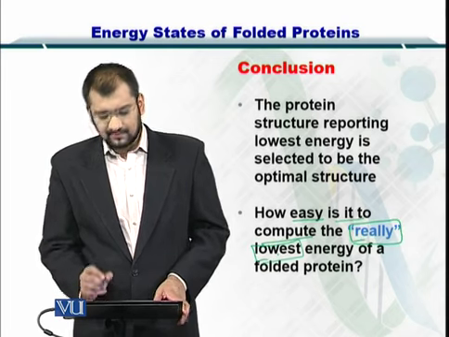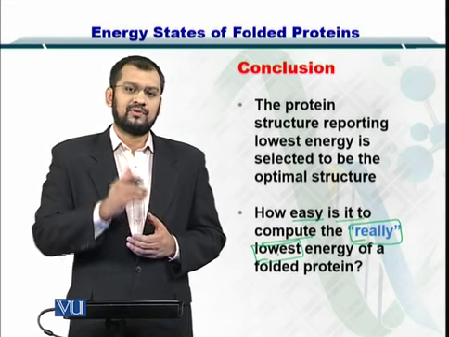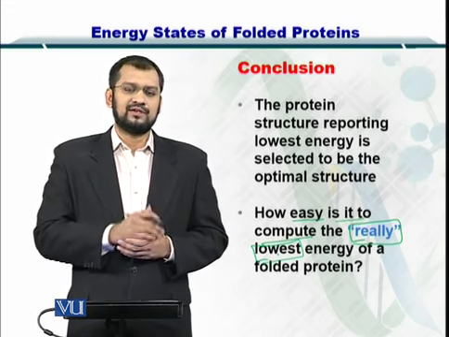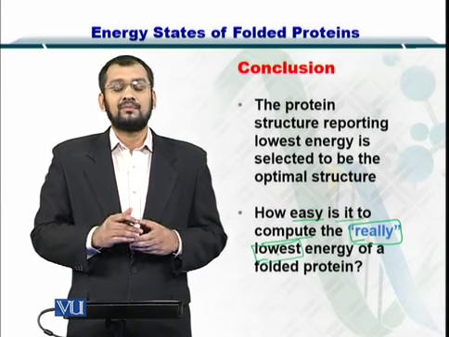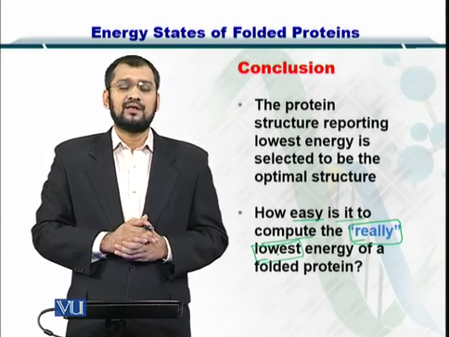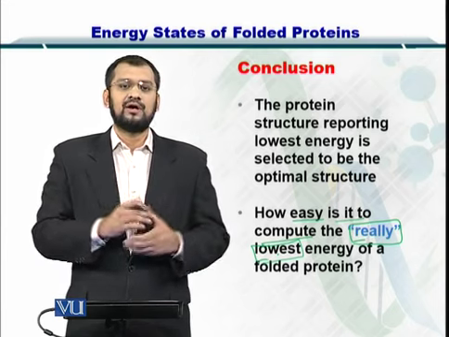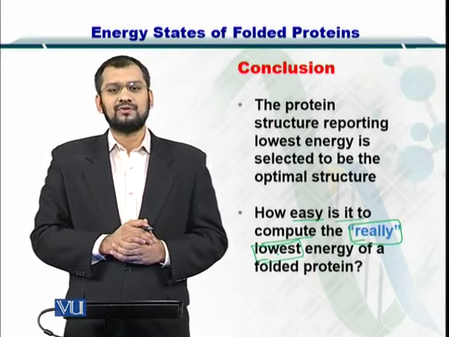You may think that a protein molecule is at the lowest energy state, but it may in fact be true that there is an even lower energy state available, and you need to search for that even lower energy state during ab initio predictions.